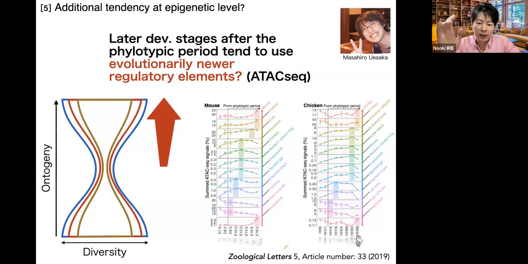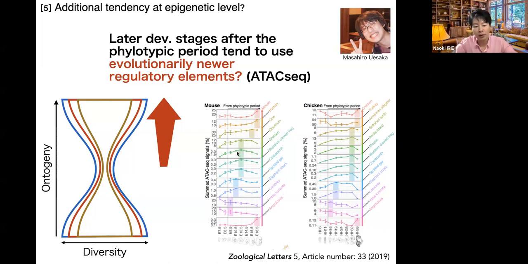Oh, finally, we also analyzed the potential regulatory sequences through ATAC-seq and found that after the mid-embryonic stage, evolutionarily new regulatory sequences are more activated.